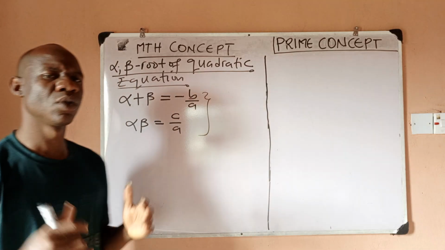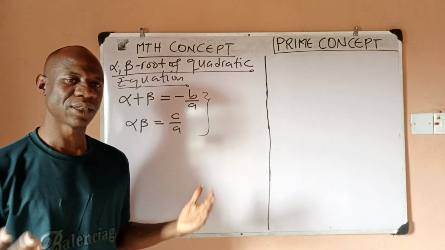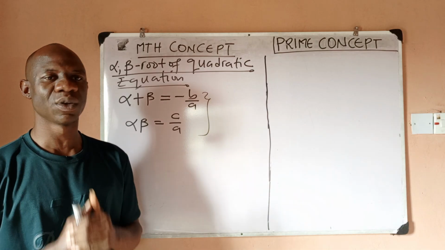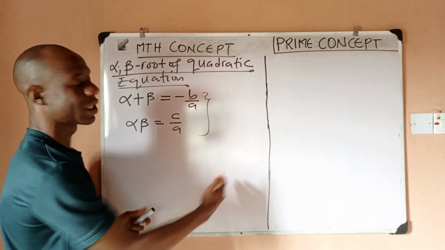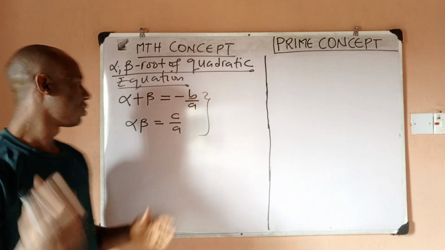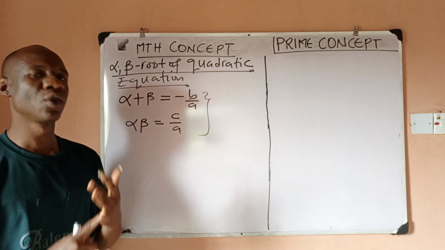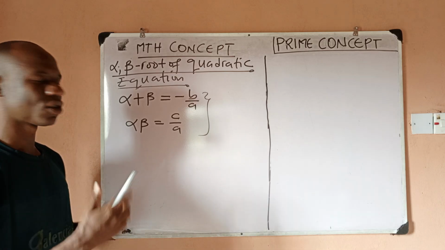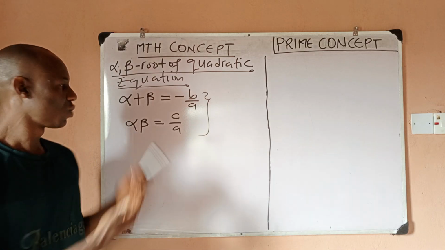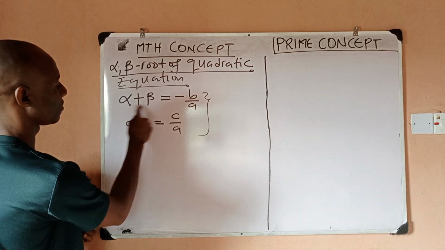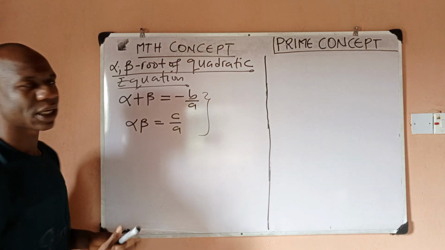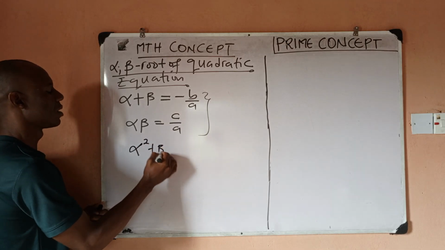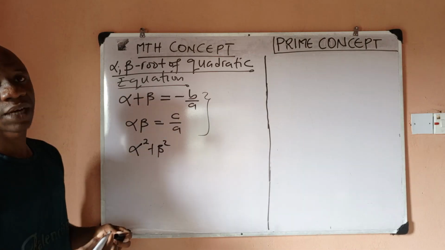So we got these two relations from our previous video. Now in this video, I want to look at further formulas that would involve alpha and beta as roots of a quadratic equation. These are very simple case scenarios where you have alpha plus beta. Exam would go further to ask you to find 1 over alpha plus 1 over beta, which we don't have a formula for. We only have formula for alpha plus beta and alpha beta. What if under exam condition they say find alpha squared plus beta squared? Do you think this formula will still go?